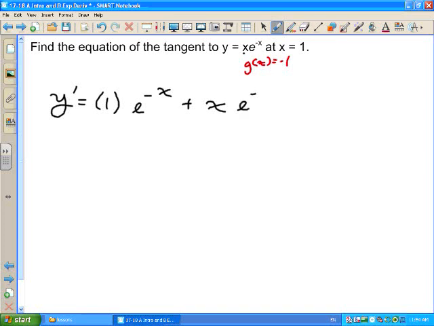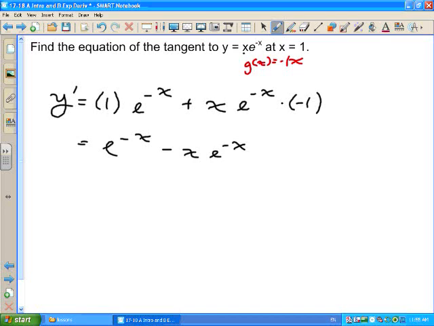So that's going to be e to the minus x times the derivative of the exponent. The exponent should be negative 1x, so we've got to multiply that by negative 1 there. And then we can simplify. e to the minus x minus x e to the minus x. Have I done this correctly?